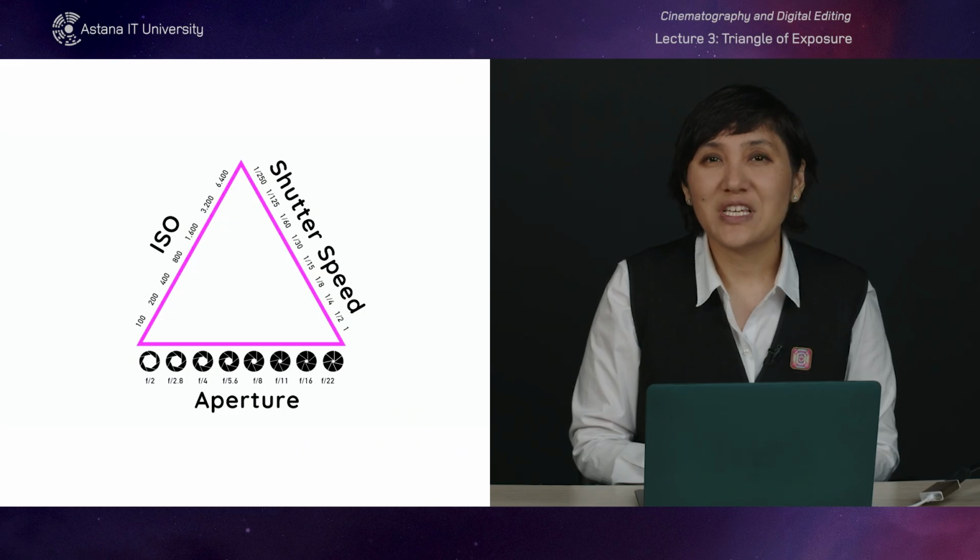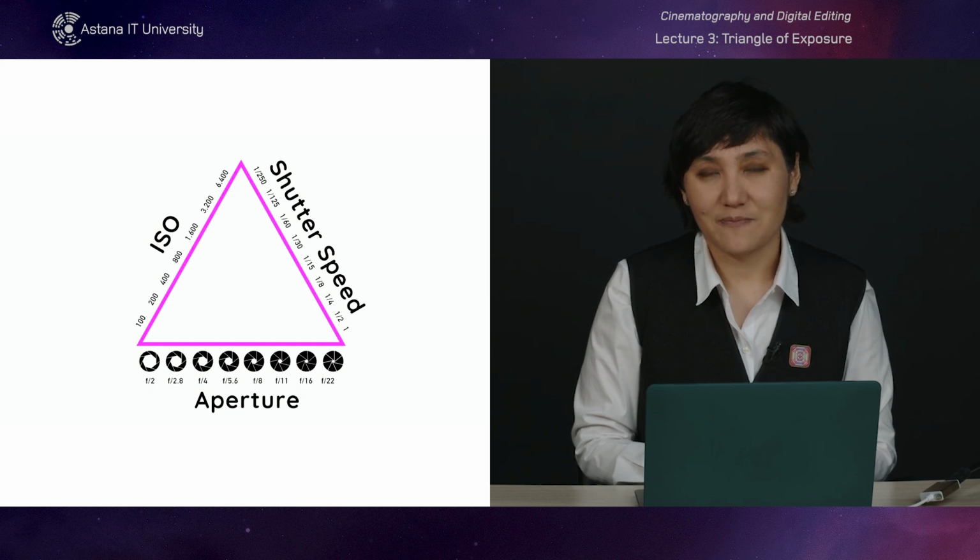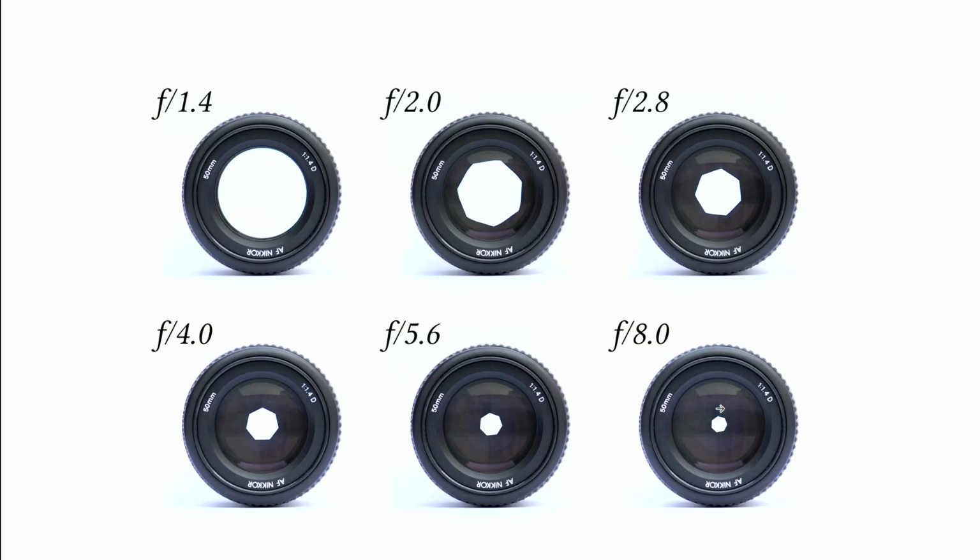Today, we will explore each element of the triangle of exposure in detail and discuss how they work together to shape the final image. Aperture refers to the opening in a camera lens through which light passes before hitting the camera sensor or film.